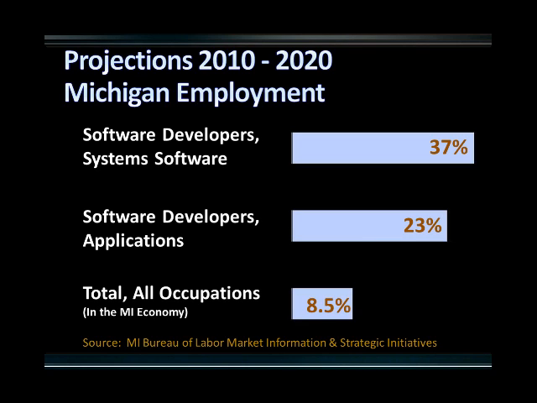So even though the job outlook for both of the software developer occupations is comparable, whether you're looking at the national or Michigan data, the disparity in Michigan will likely be greater because of the modest 8.5% growth projection versus the 14% national growth projection for all occupations.